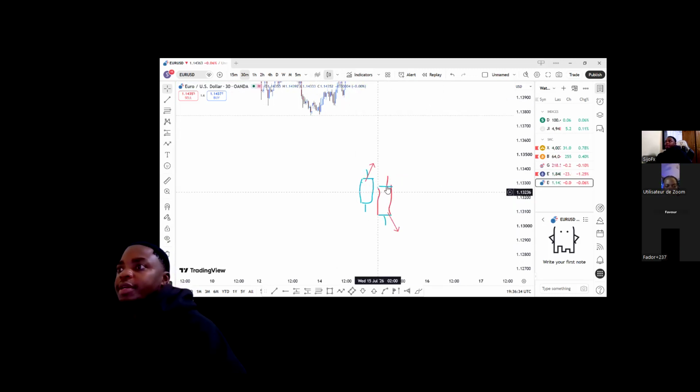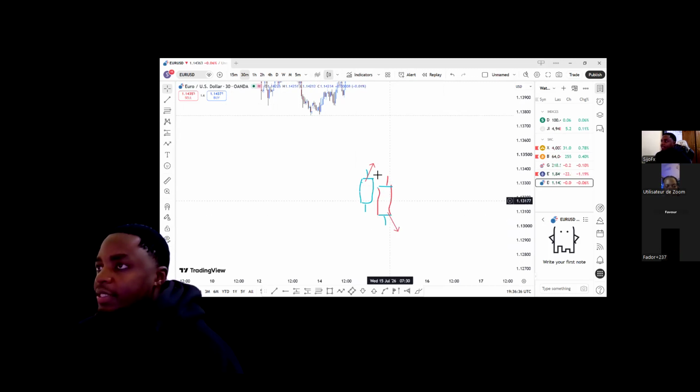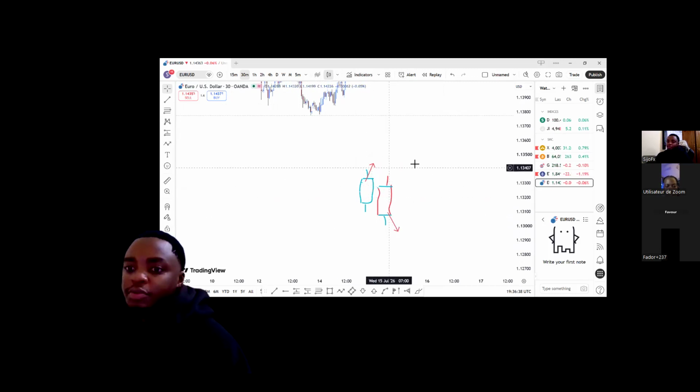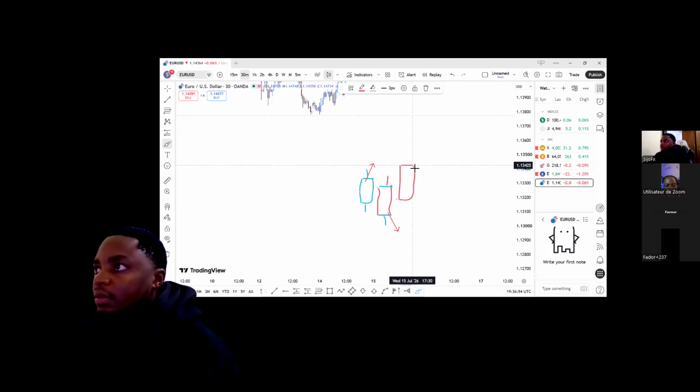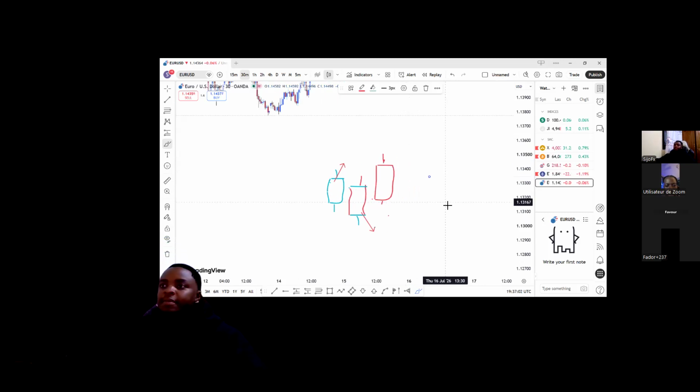This one going down is a bearish candlestick, and this one is a bullish candlestick. Also, I can add another bullish candlestick here. Let's say these three are candlesticks.